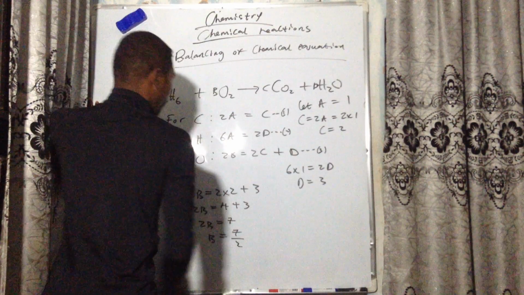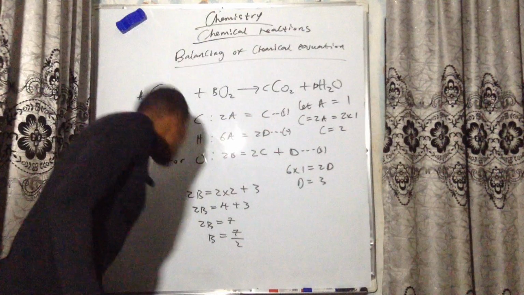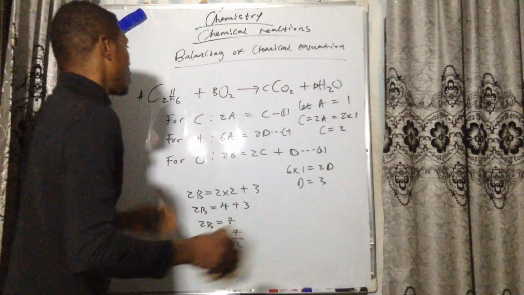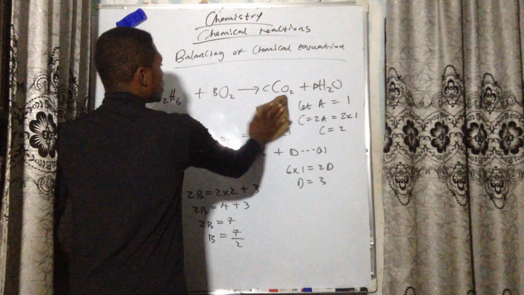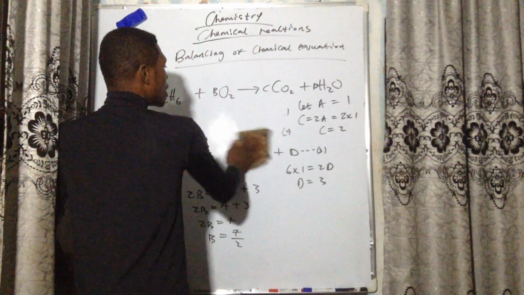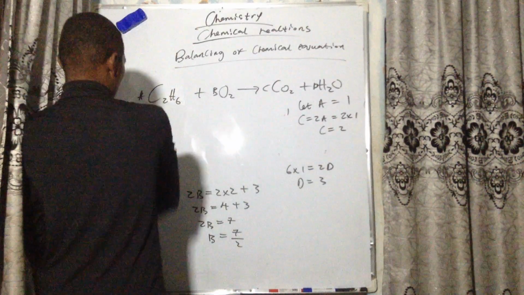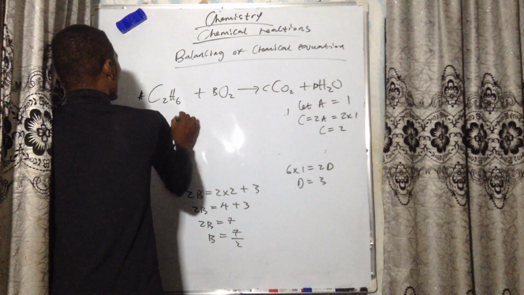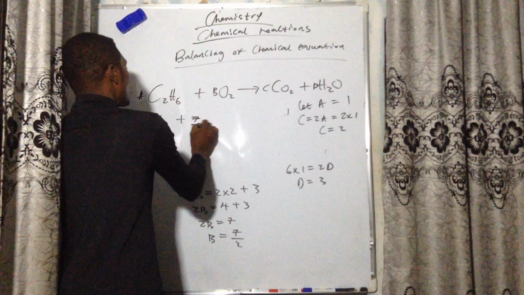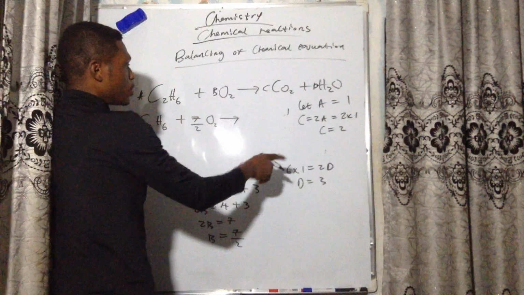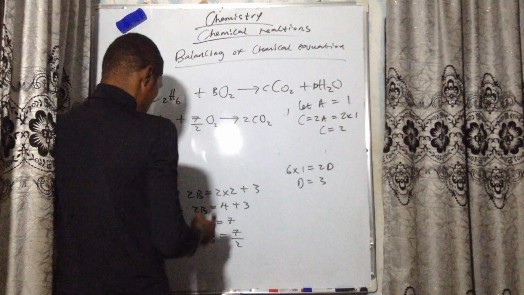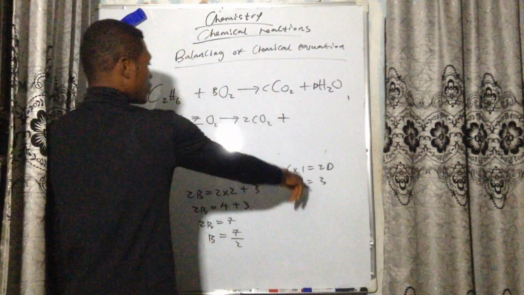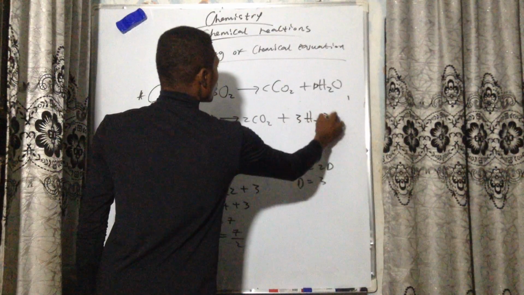So we have gotten all the unknowns A, B, C, and D. What we'll do now is substitute them into this equation. A is 1, so we have C2H6 plus 7 over 2 O2 giving us 2CO2 plus 3H2O.